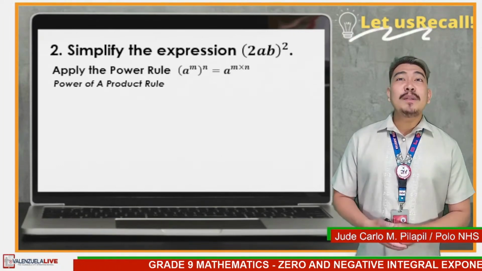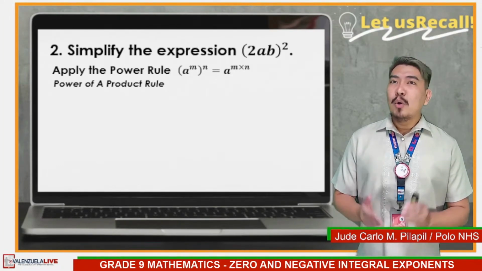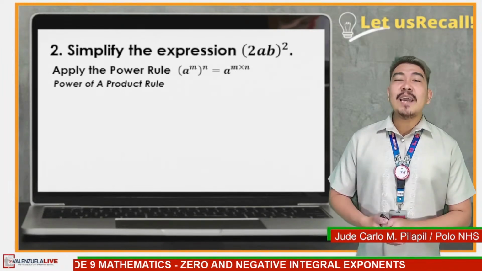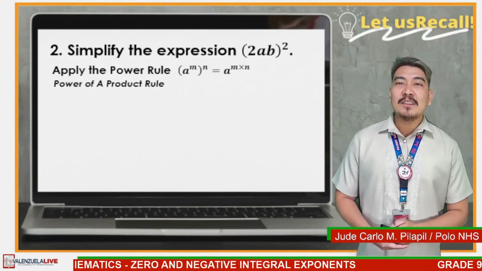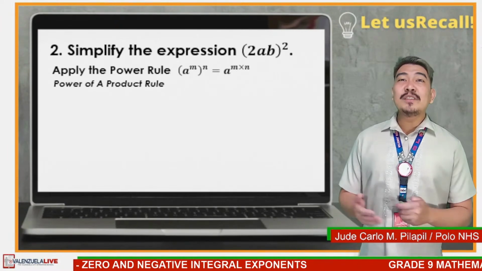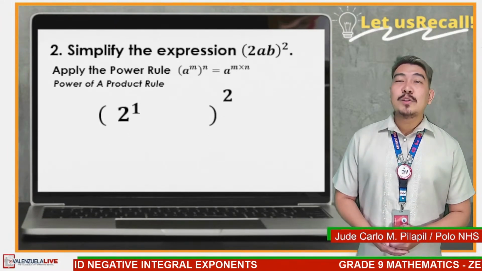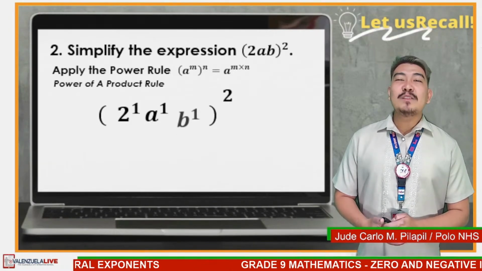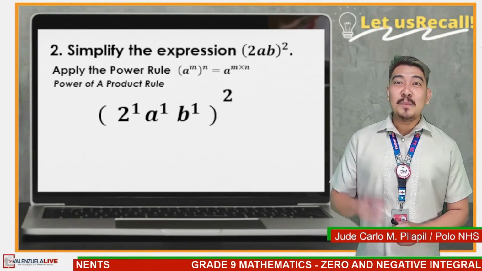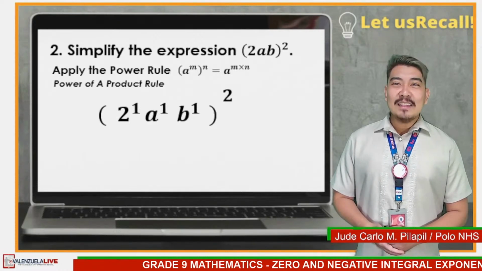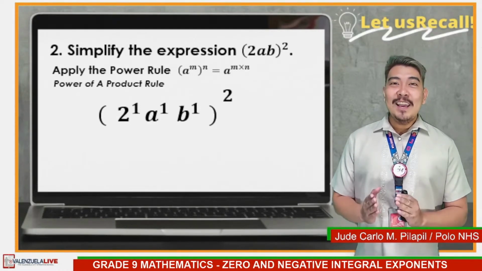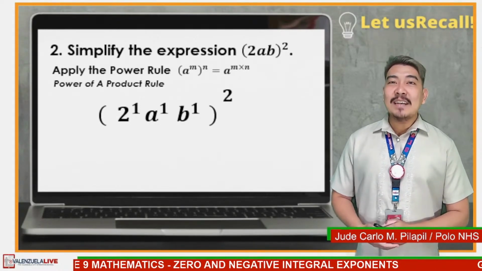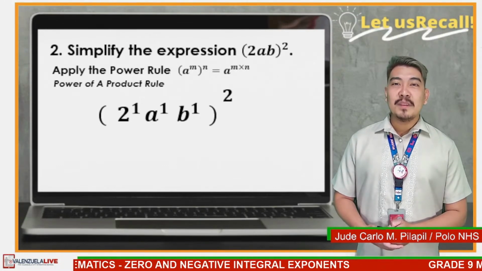So, the exponent outside the parentheses will be multiplied to each exponent in every factor. The expression can be written as 2 raised to 1, a raised to 1, b raised to 1, all of them raised to 2. Note that 2, a, and b each has an exponent of 1.